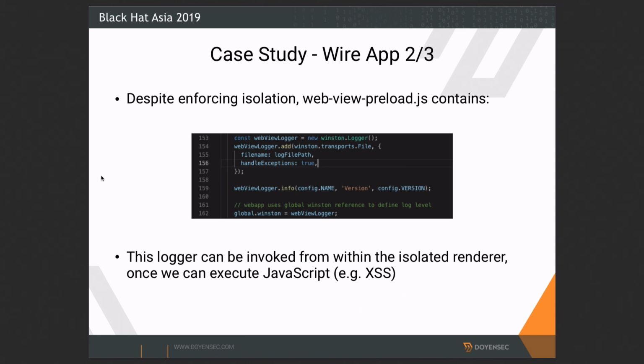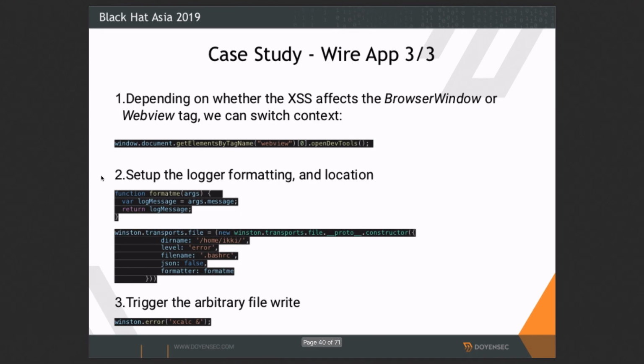What this preload is doing is appending a logger, which is used, as the name suggests, to log information. This is something that is required in the renderer, because the overall purpose is to log something inside the page that displays messages and attachments. But unfortunately, if you have JavaScript execution there, then you can repurpose that function. You see here how this can be abused.